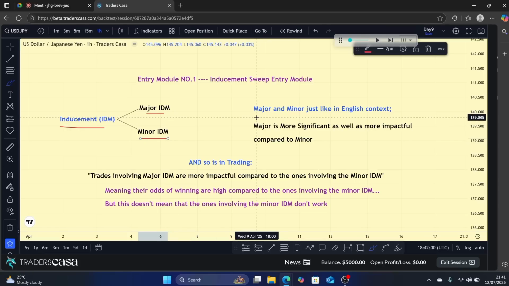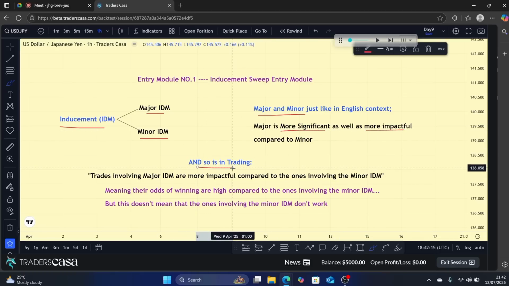Right, so major or minor, just like in English context, in general, major is more significant as well as more impactful. And so it is in trading.